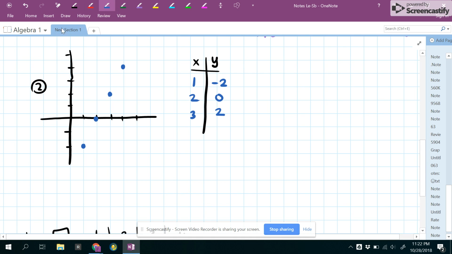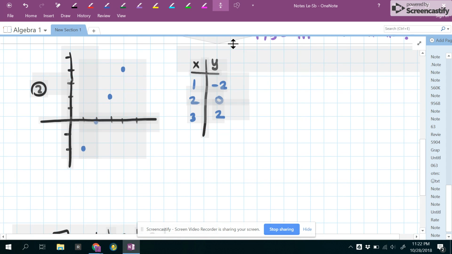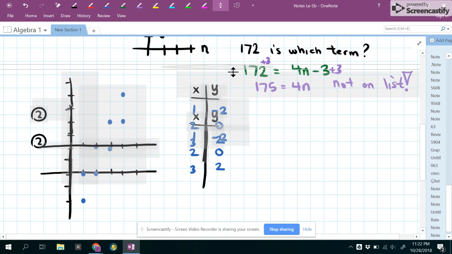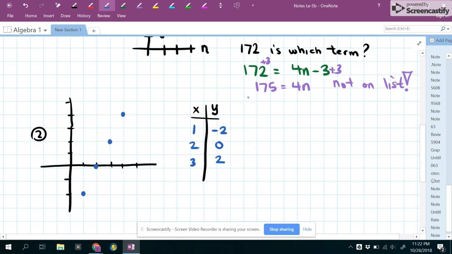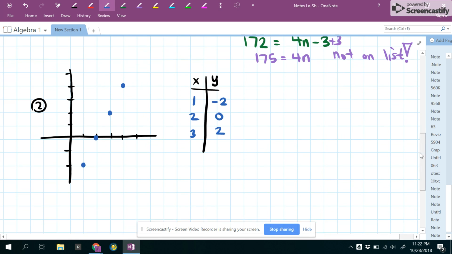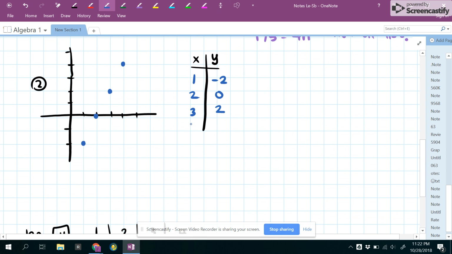It would probably help if everything lined up nicely. So we have 1, -2, 2, 0, 3, 2, and 4, 4.